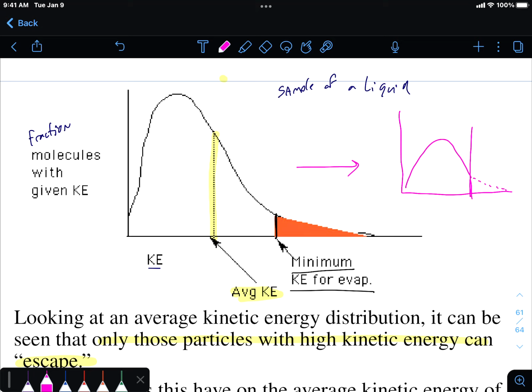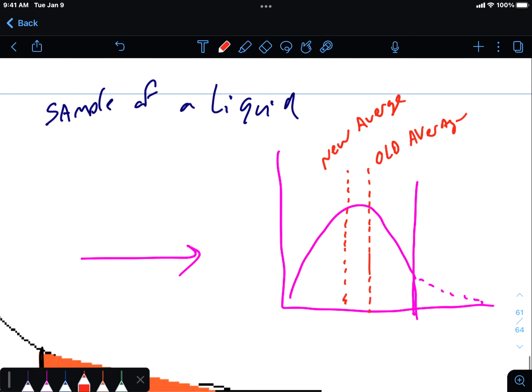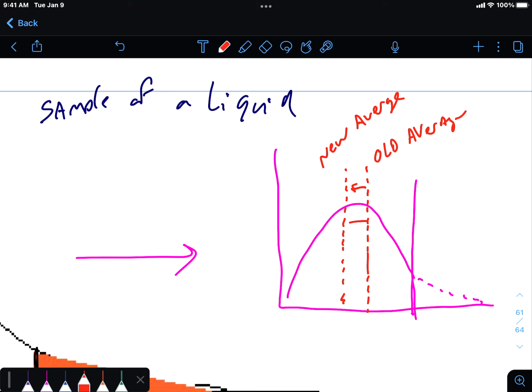The average kinetic energy is going to lower, it's going to shift. The original average is going to go down.